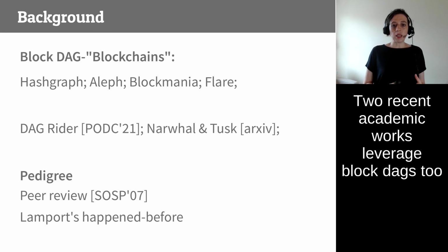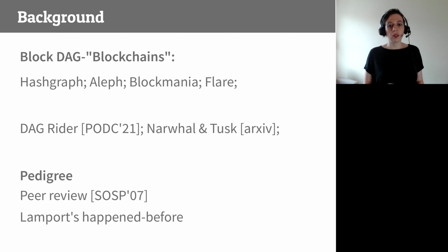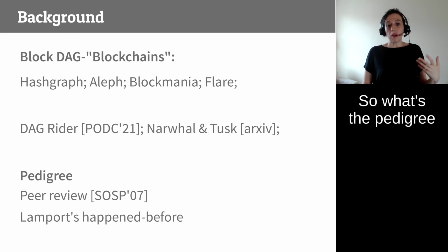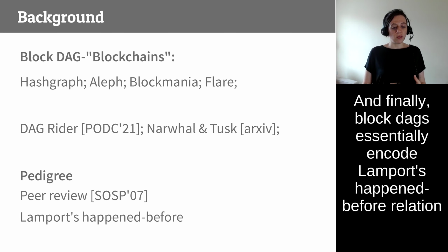Two recent academic works leverage block DAGs too: DAG-Rider, which is presenting at this conference too, and Narwhal and Tusk. So what's the pedigree? The idea to replay our deterministic protocol is from the system peer review. And finally, block DAGs essentially encode Lamport's happened-before relation.